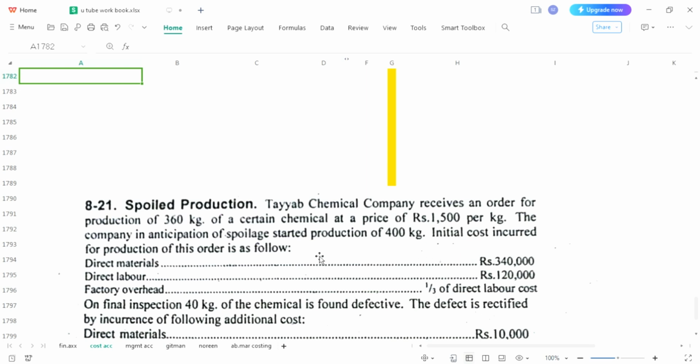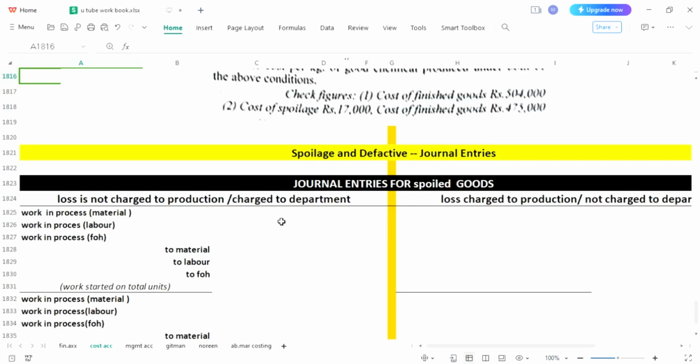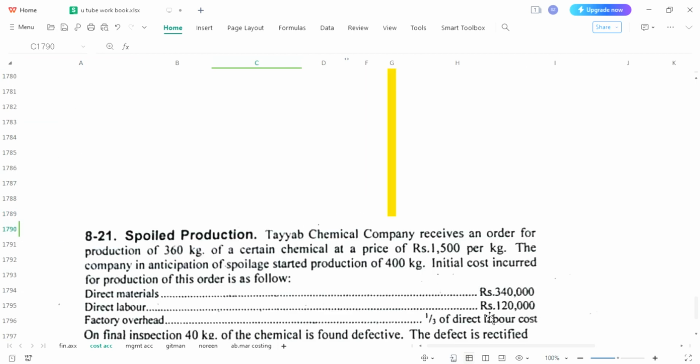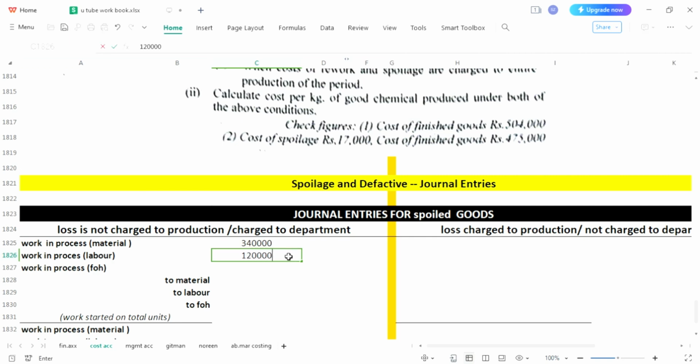Initial cost incurred production per unit is not mentioned over here. It means it is the total cost. So 340,000 would be put directly over here, cost of material. Then we will see the cost of labor, 120,000. So you will put 120,000 in front of labor.